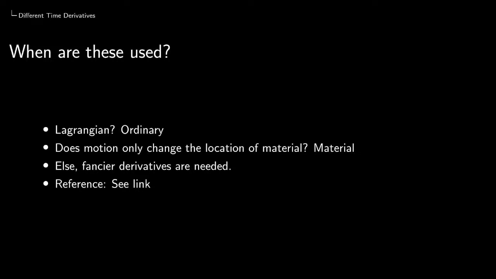But generally, these are fairly straightforward and simple. If you want to know which ones to use when: if you have a Lagrangian framework for your model, you just use an ordinary derivative. If the motion only changes with the location of a material, you want to use the material derivative. And if you have some more fancy, complicated situation, then you're going to want to use some fancier derivative.